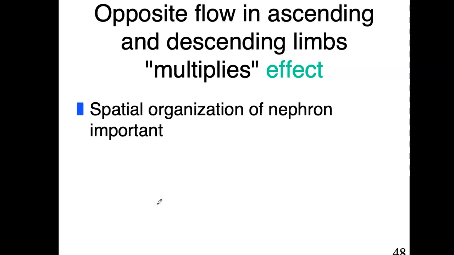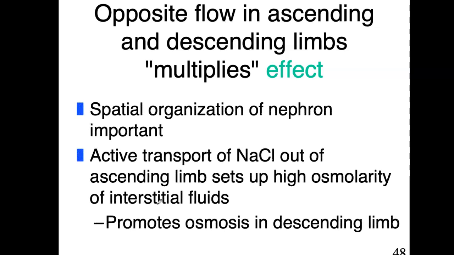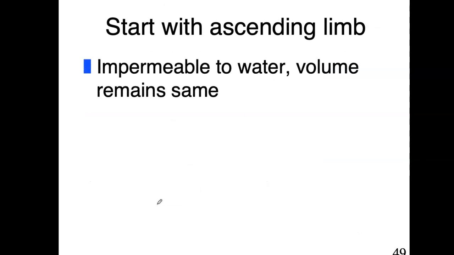The opposite flow, I'm telling you, in ascending and descending limbs multiplies an effect. So the spatial organization is important. Let's start with the ascending limb. It's funny to start with the ascending limb because when you draw this, the one that goes down comes first. But I want to start with the one that's going back up again.